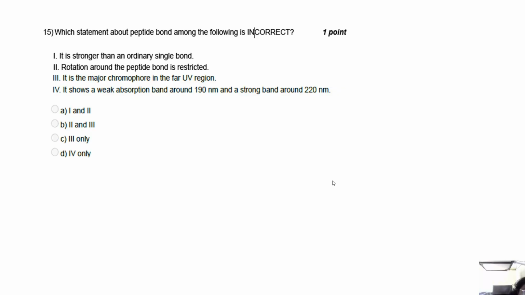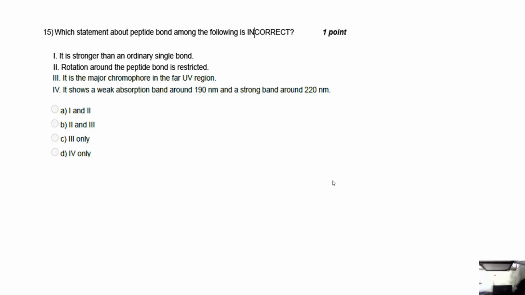Which statement about peptide bond among the following is incorrect? Statement 1: It is stronger than an ordinary single bond. Statement 2: Rotation around the peptide bond is restricted. Statement 3: It is a major chromophore in the far UV region, and it shows a weak absorption band around 190 nanometer and a strong band around 220 nanometer.